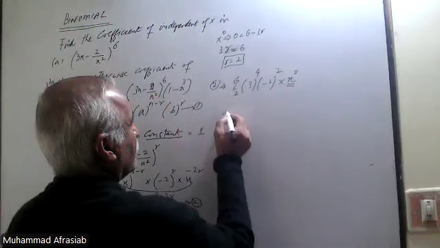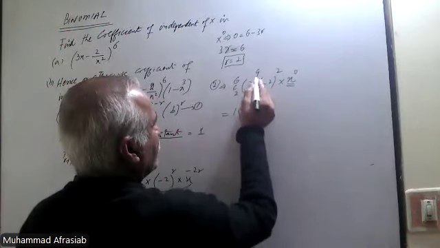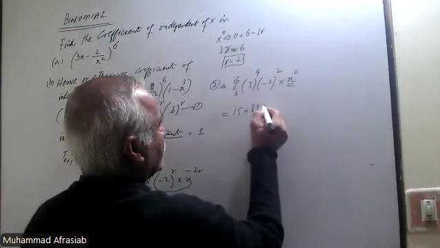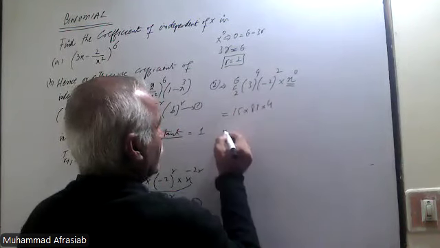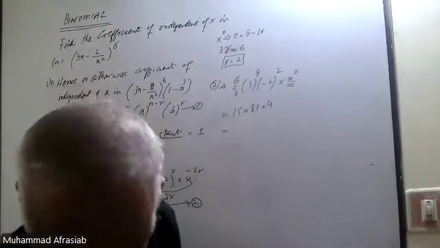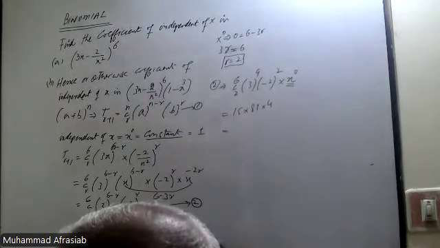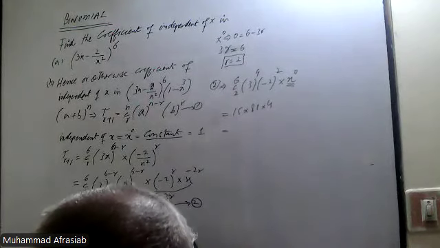So this will become 6C2 is 15, 3 power 4 is 81, into 2 power 2 is 4. So it should be equal to 4860.